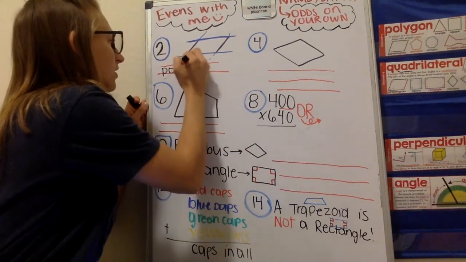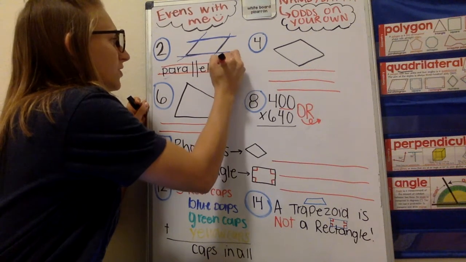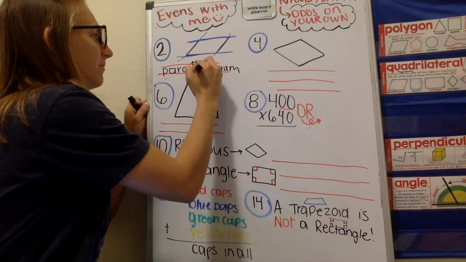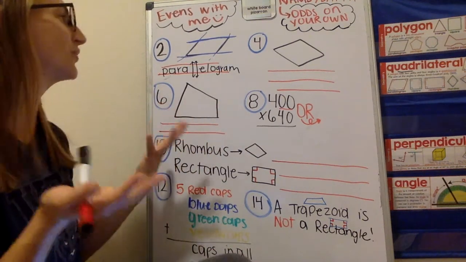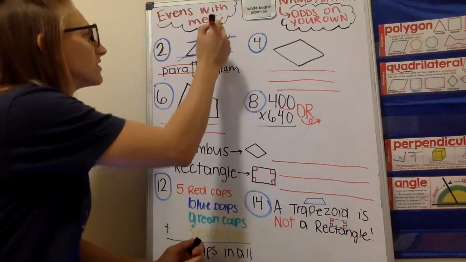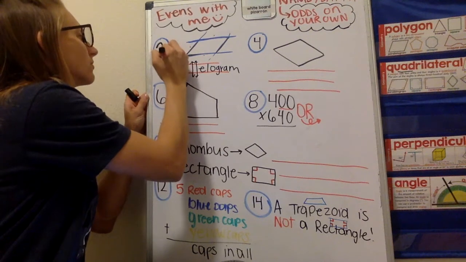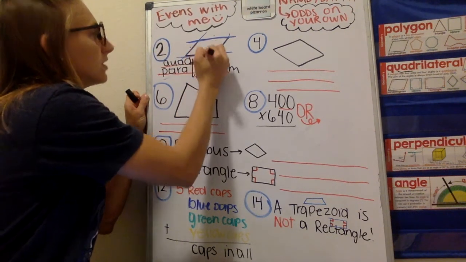So 1 R, but then 2 L's in parallelogram. You know what I do like about that? Those 2 L's in parallelogram are parallel. They keep on going. And then I mentioned it earlier, I just didn't write it down: how many sides are there? 1, 2, 3, 4. So this is considered a quadrilateral. And we say quad goals, quadrilateral.